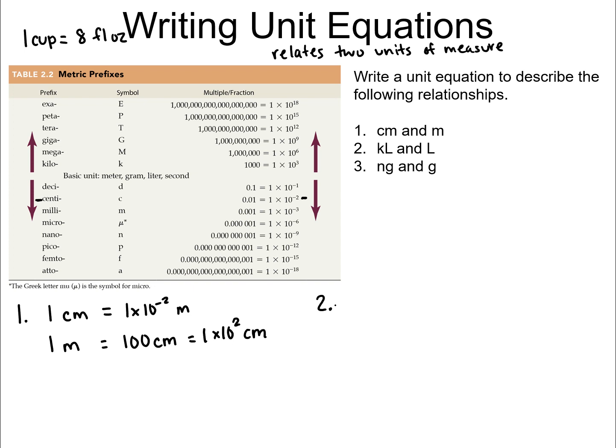I want you guys to give number 2 a try, and then we'll come together and see how we're doing. I'll give you a minute to write a relationship between kiloliters and liters. Anybody have an answer for number 2? 1 kiloliter is equal to 1 times 10 to the third liters.